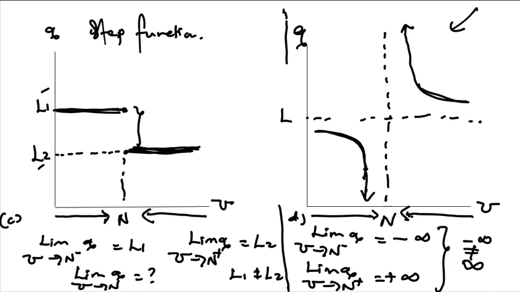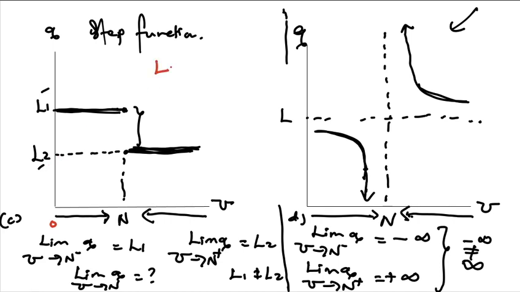We have a step function. But if you look at n here, what happens? For any value of v below n, between 0 and n, the step function gives us limit L1. For any value of v above n, the step function gives us limit L2.